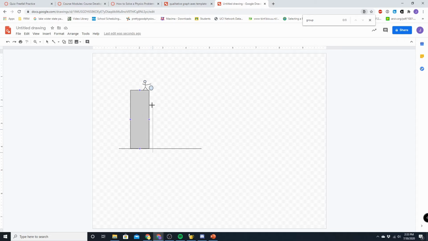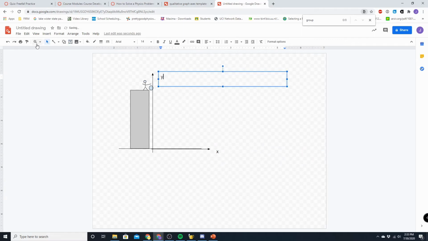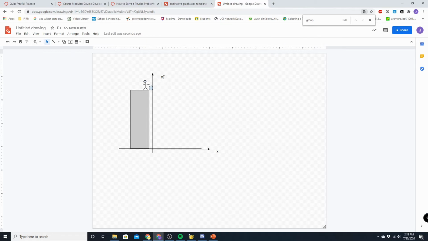And so the answer that I think we can use for this problem is for y to point upward. So we can label this x over here, and we can label this one y over here. So that means that as you move upward, you're getting more positive values of y. And we're putting the x-axis down here at the bottom, so y equals 0 at the bottom of the fort.